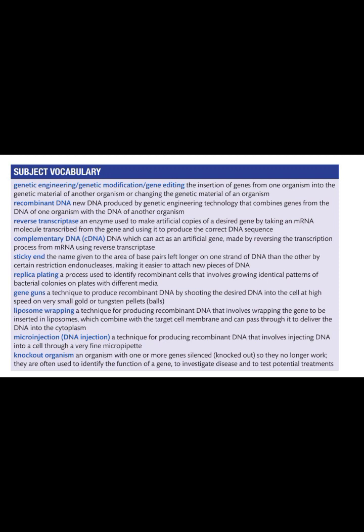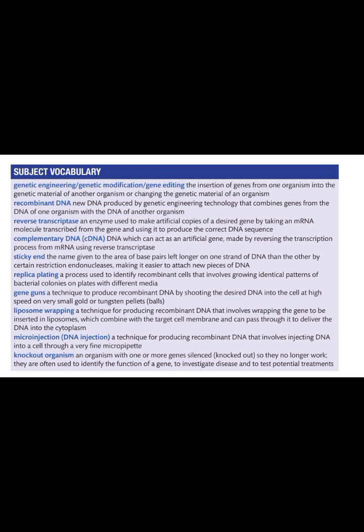Now, reverse transcriptase is an enzyme which is used to make artificial copies of the desired gene by taking an mRNA molecule transcribed from the gene and using it to produce the correct DNA sequence. The reverse transcriptase is an enzyme which is used to prepare artificial copies of the desired DNA.